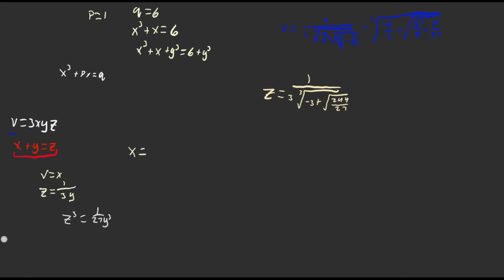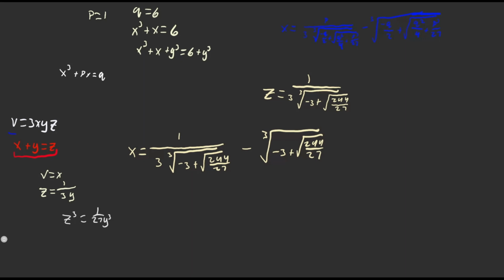X is equal to 1 over 3 times the cube root of negative 3 plus the square root of 244 over 27 minus the cube root of negative 3 plus the square root of 244 over 27, which should be our solution, and it is our solution because if we go ahead and plug in q and e into our equation, we're going to get the same solution.